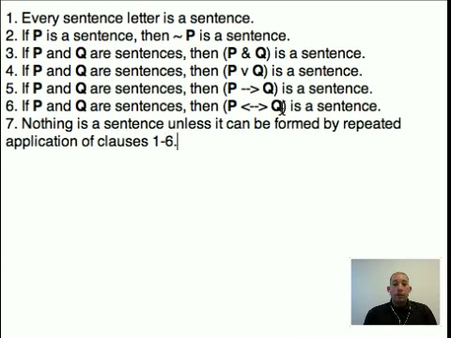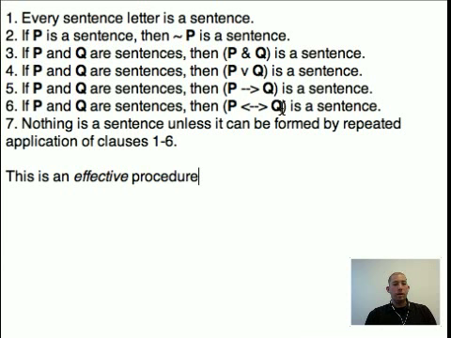So the idea here is we have this instruction recipe for building up sentences. And this is actually what's called an effective procedure. We can think about it like a recipe, if you like, but this is an effective procedure for building sentences in SL.